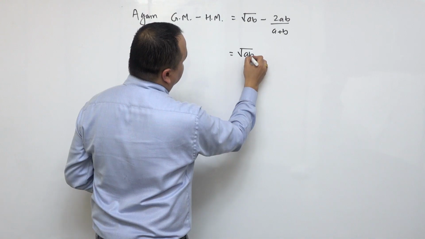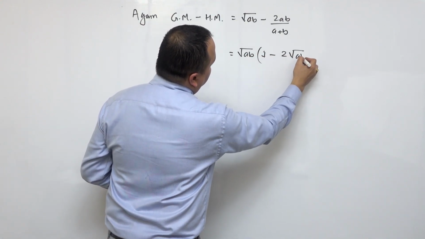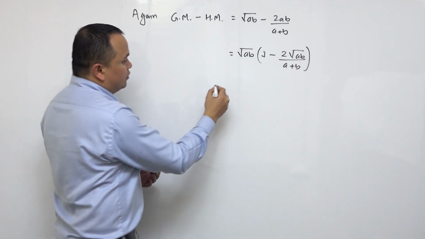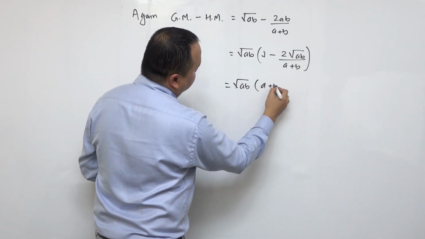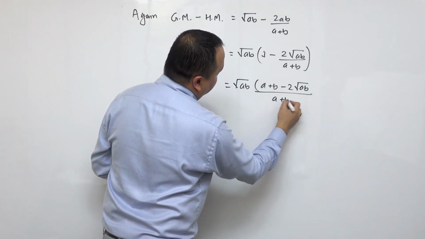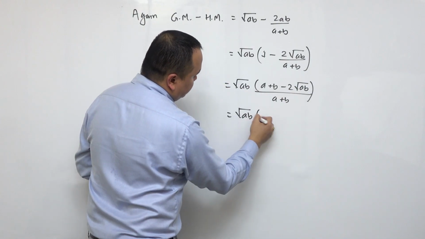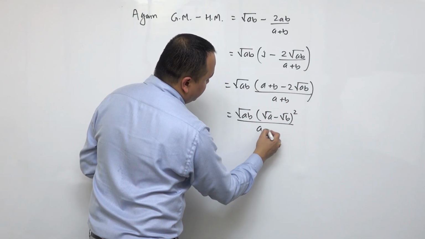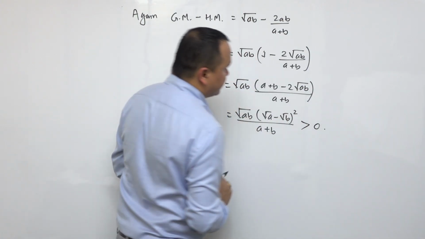So this is root AB times 1 minus 2 times root AB upon A plus B, which is equal to root AB times A plus B minus 2 root AB divided by A plus B. This is root AB and this is root A minus root B whole square divided by A plus B, which is again greater than 0.